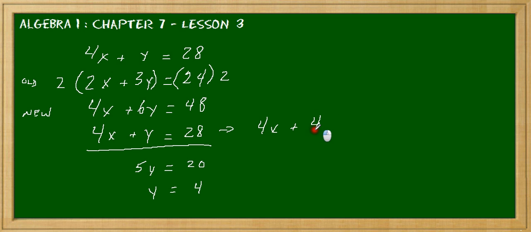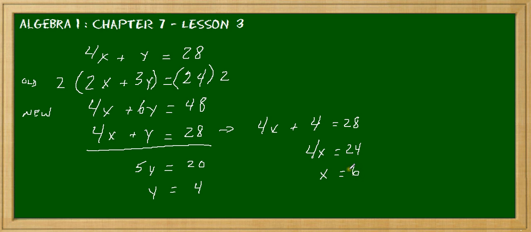So we have 4x plus 4, right? And that's going to give us 28. And now we can simply subtract 4 from each side, and that would give us 4x is equal to 24. And dividing both sides by 4, x would be equal to 6.